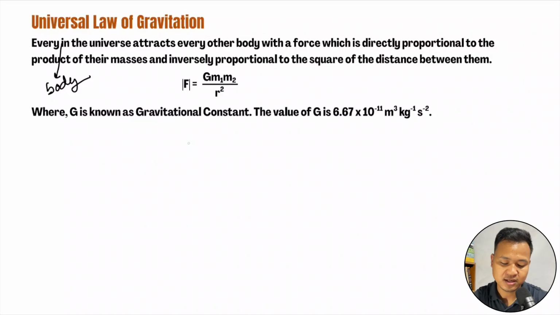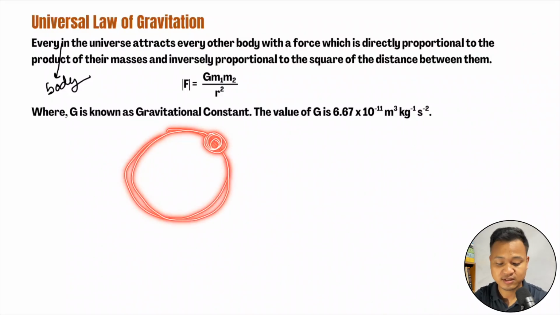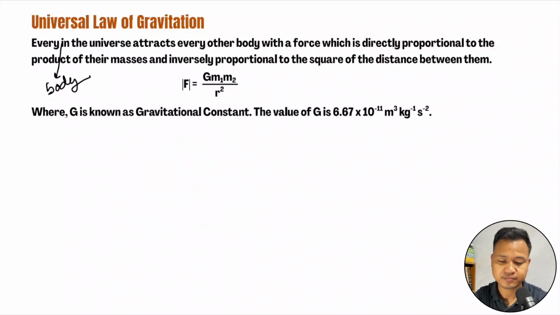The revolution of the moon around the earth. Based on this topic, he started doing more research. Second law: force equals m a. If there is acceleration, there must be a force, and if there is a force, there must be an acceleration.